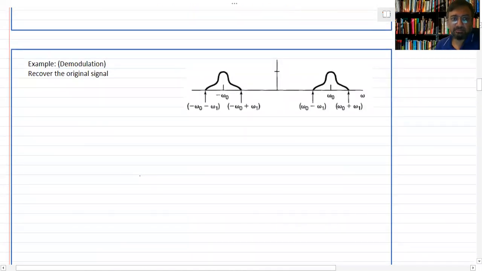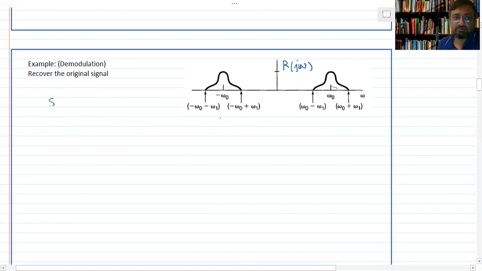Okay, in the next example, we consider demodulation. Demodulation is the process of bringing back the signal to the original frequencies. Now this is Rj omega, and from this Rj omega we want to recover our original signal.